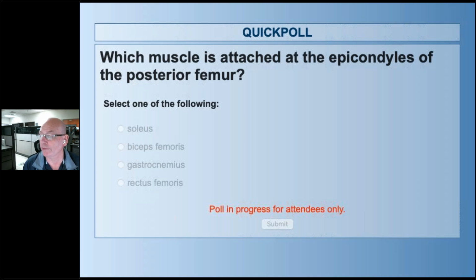Rectus femoris we haven't gone over yet, so I wouldn't answer that. Coming to the epicondyle, not on the condyles, but just above the condyle.